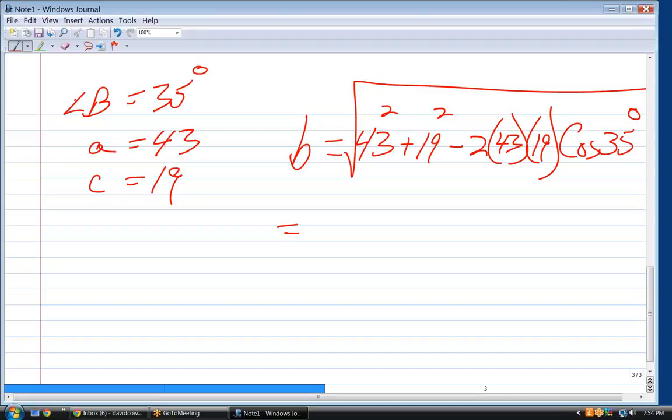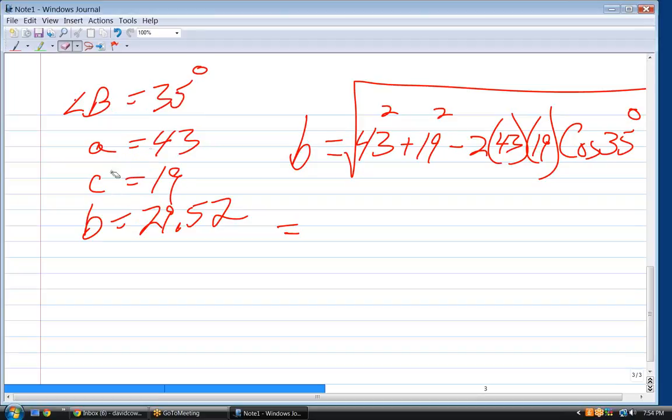Okay, that gives us 29.52. Okay. Does that look odd? Yeah. A little bit, doesn't it? Why? Because we know that in every triangle, the smallest angle is opposite the smallest side.